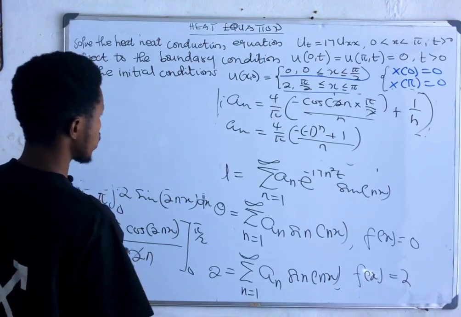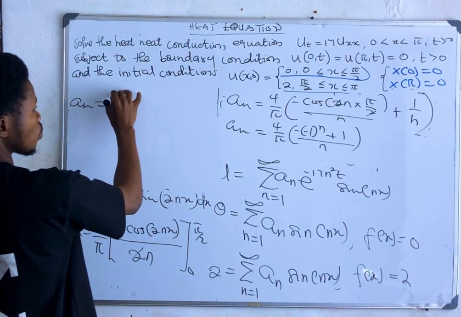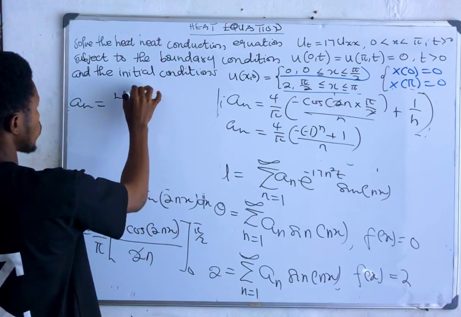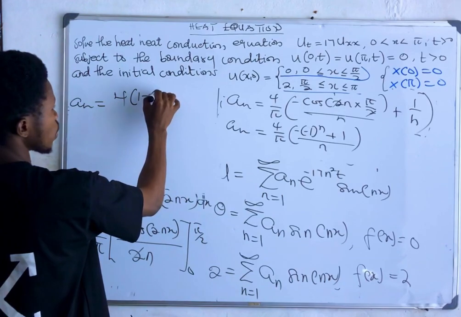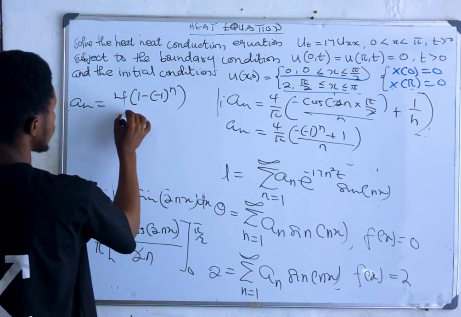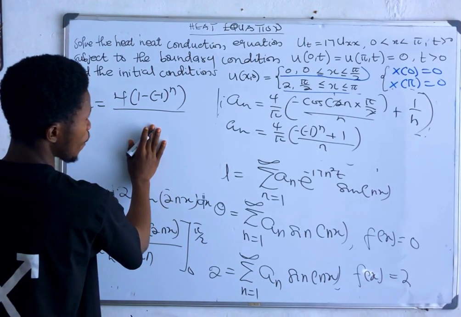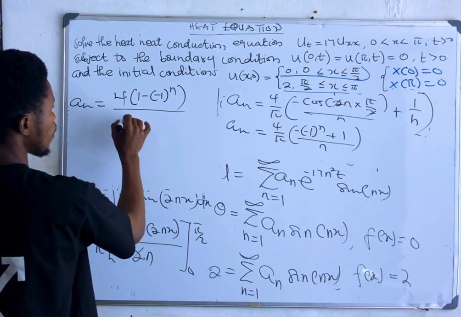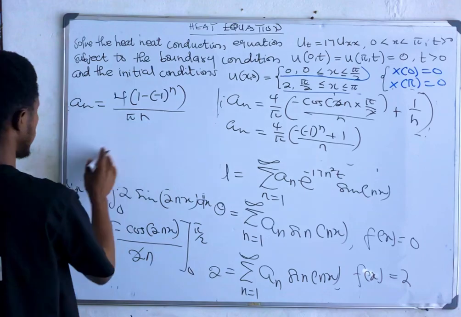So at the end, my a_n will be equal to 4 brackets open 1 minus negative 1 to the power n, close brackets, all divided by pi n. This is what you are going to get.